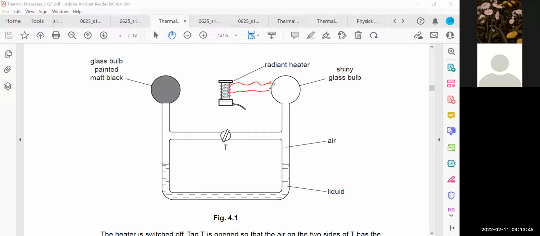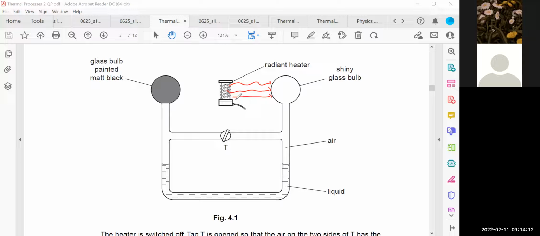Radiations, photons, light, which are moving toward the shiny glass bulb, are reflected back, because a shiny surface reflects light. It's the best reflector, so the radiations are not absorbed by it.